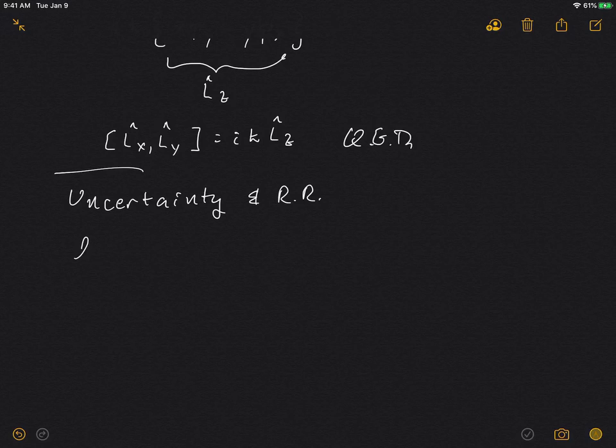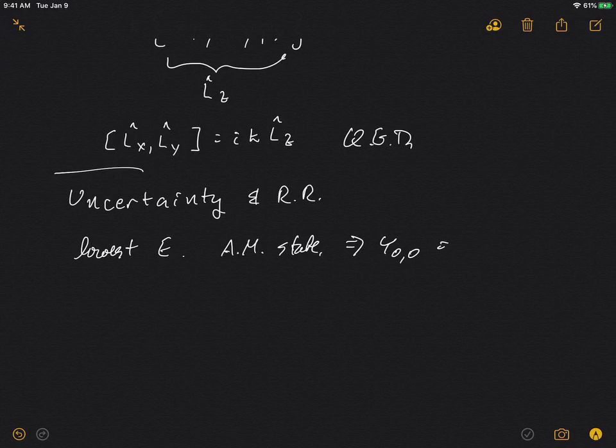So first of all, what's our lowest energy angular momentum state? That is the y00 state, and it is a constant. Right? It's just some sort of constant, so that it's normalized, and when you do the normalization integral in spherical polar coordinates, it works out, and it's something like 1 over square root of 4 pi.